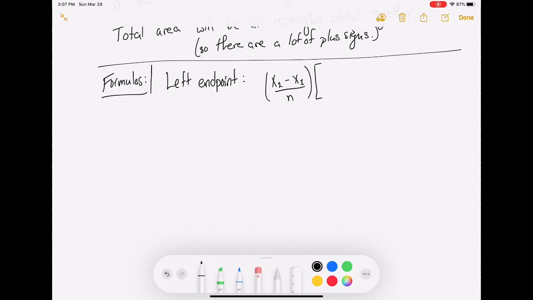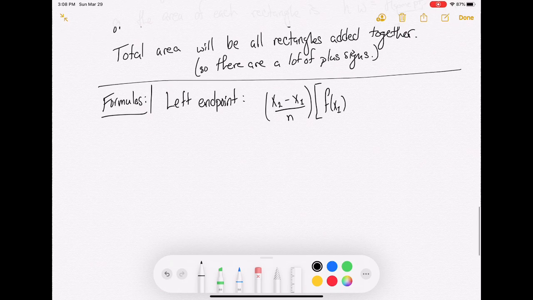So we're going to add the heights together, and if we start at the left side, that means we actually start at f evaluated at x1. Because x1 is the farthest left point of the area that we're looking for.